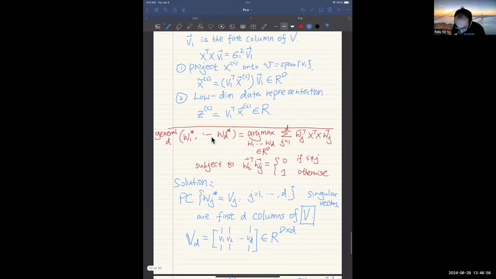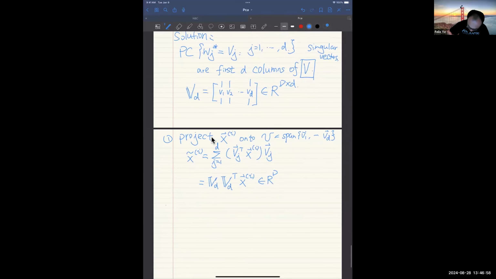So the actual low dimensional data representation is Z of i.